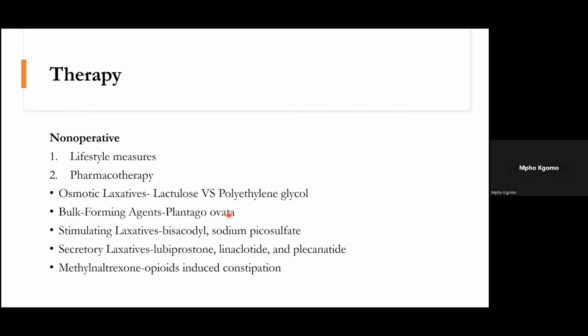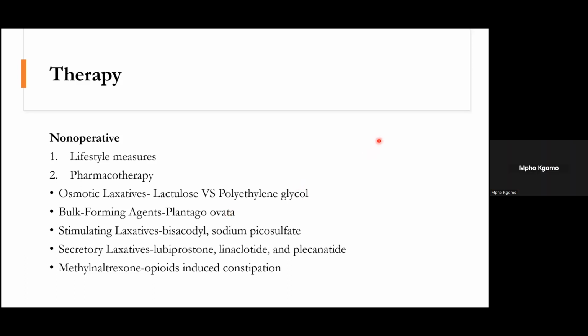Which constipation would it be indicated in? In patients with slow transit constipation. Yes, with slow transit, not all of them, isn't it? Not all of them. You wouldn't use it in a normal transit, because the issue is not with movement from the cecum to the rectum.